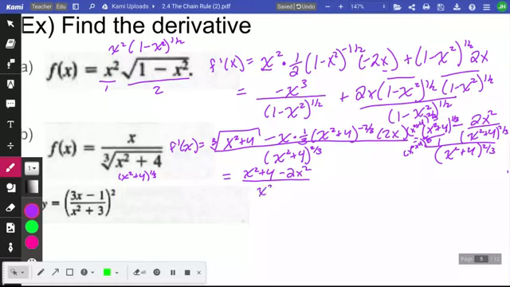That thing is over x squared plus 4 to the 2/3, and then the whole thing is over x squared plus 4 to the 2/3. So something will happen there in a second. We'll go ahead and simplify the numerator so that we have 4 minus x squared, or negative x squared minus 4. That is kind of up to you. Let me make sure I'm not messing anything up.